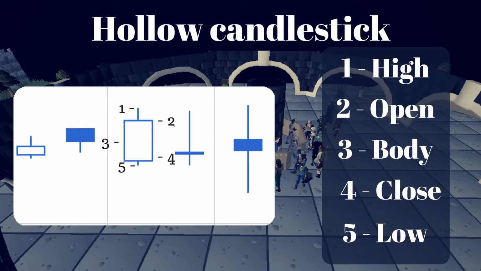Meaning, if I were to buy, say, iron ore for 200 GP, but it was actually closing at 190 GP, then this would become a hollow candlestick chart where you would see 2 being 200 GP and 4 being 190 GP. And of course, 1 and 5 are indications of where that market was standing throughout that entire time frame in that period.